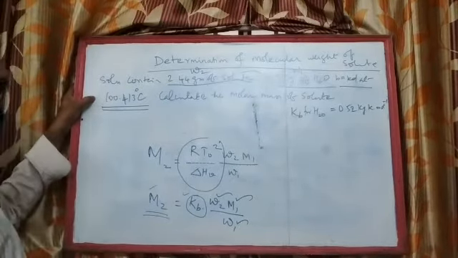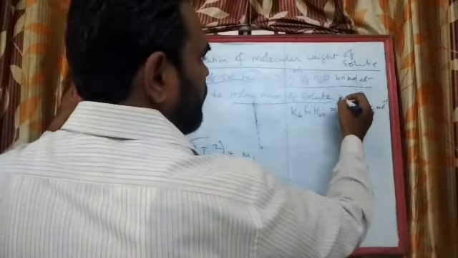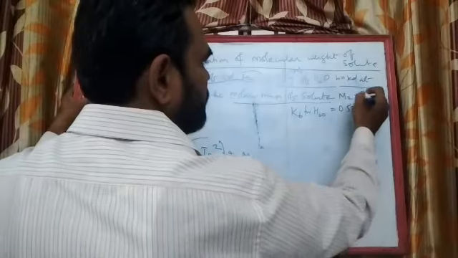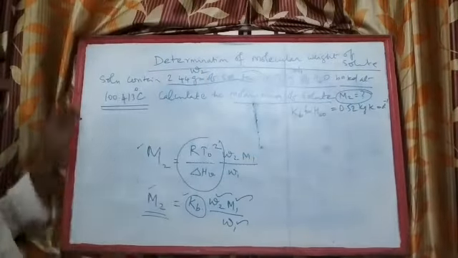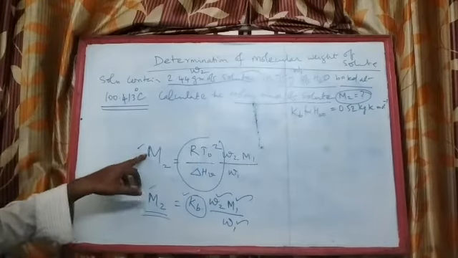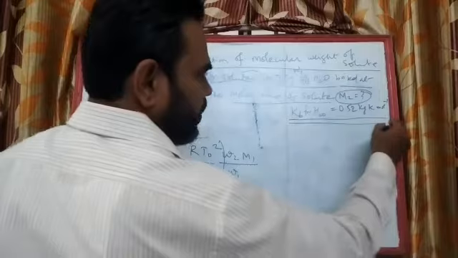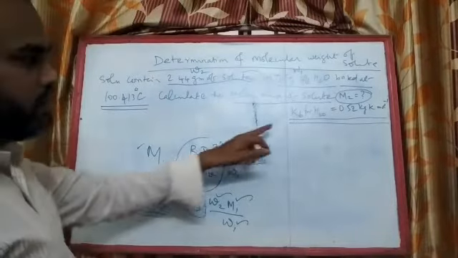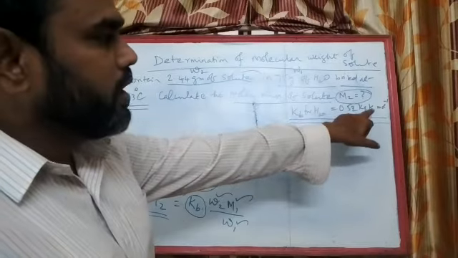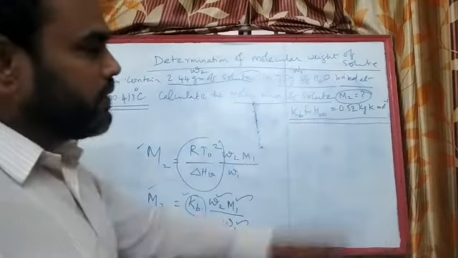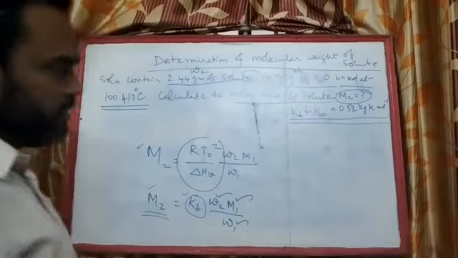Calculate the molar mass of solute, that is M2. We need to find M2 from this equation, and you are provided with Kb, the molar ebullioscopic constant, 0.52 kilogram Kelvin per mole.